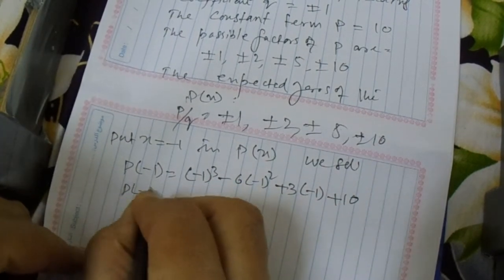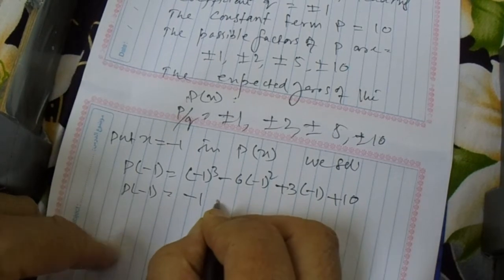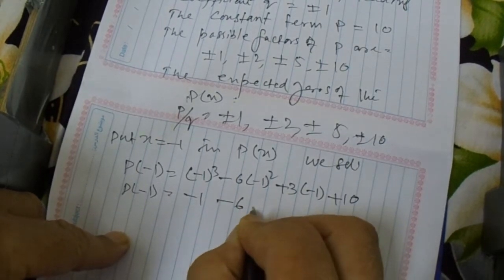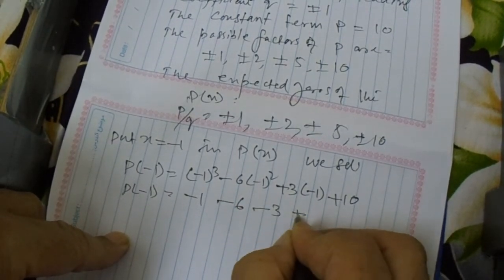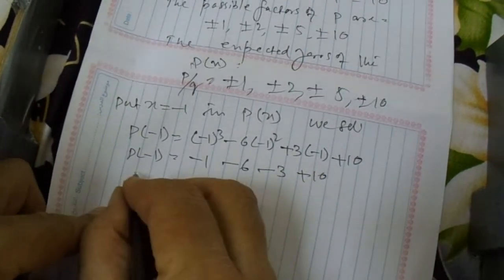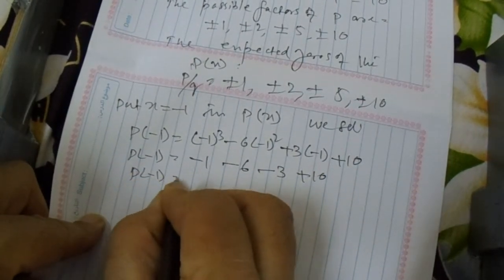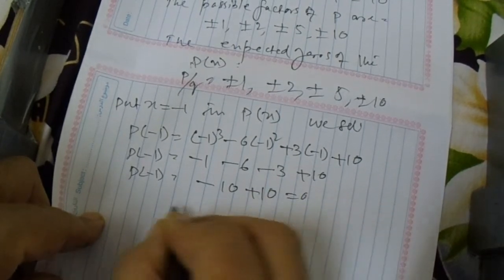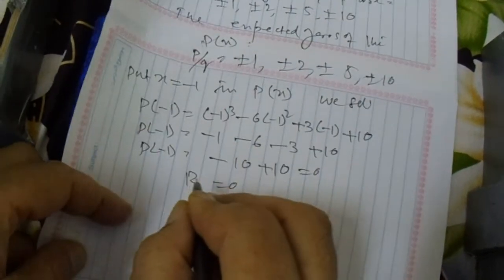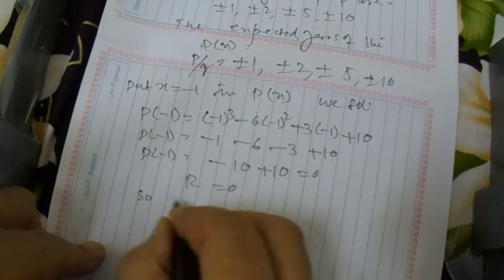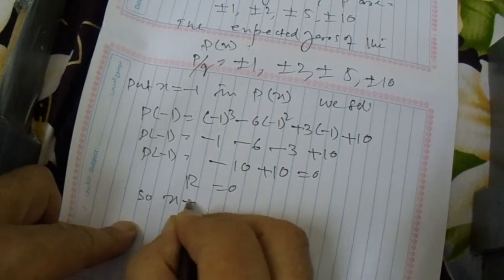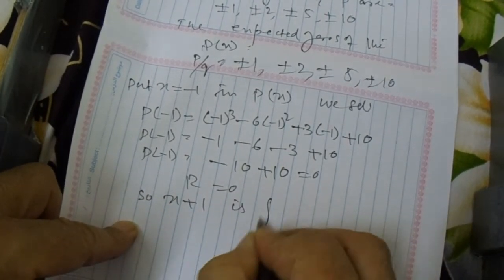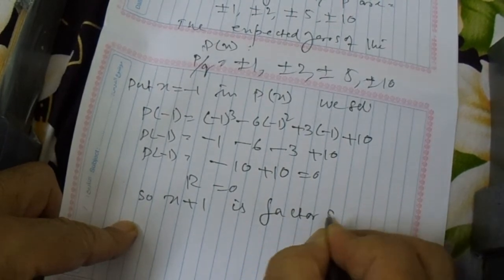P(minus 1) is equal to minus 1 minus 6 minus 3 plus 10. P(minus 1) is equal to minus 10 plus 10 is equal to 0. R is equal to 0. So x plus 1 is the factor of P(x).